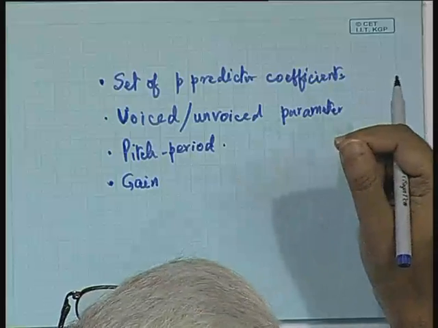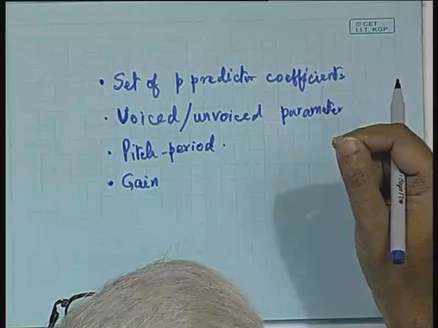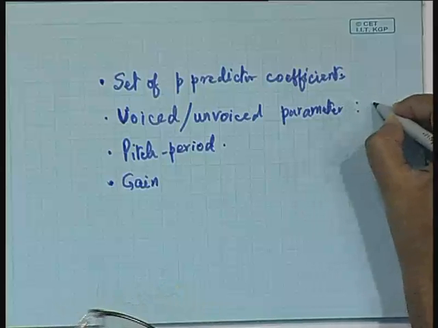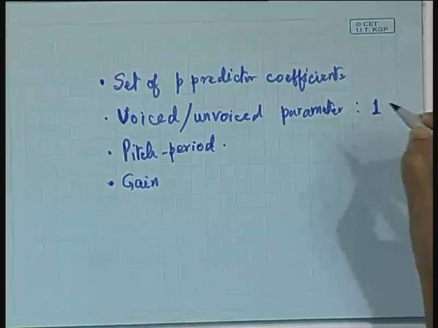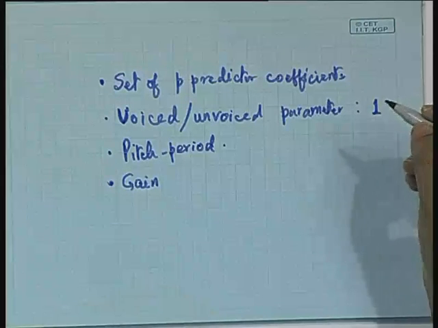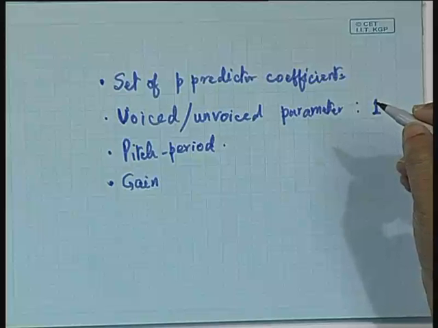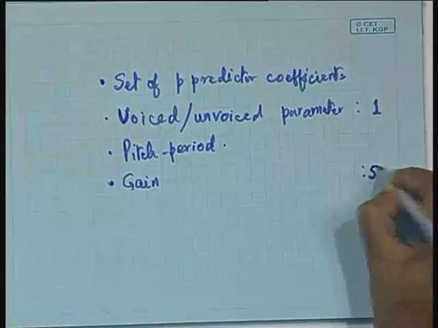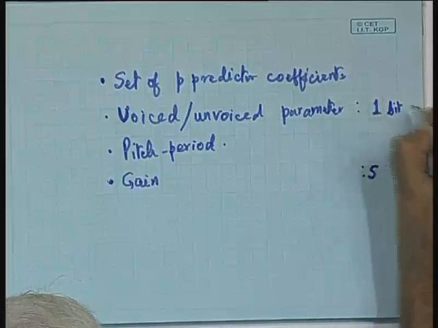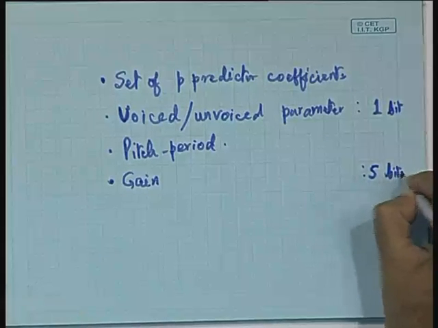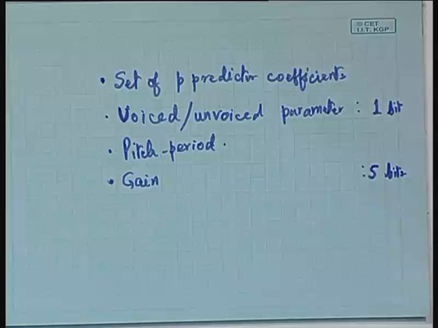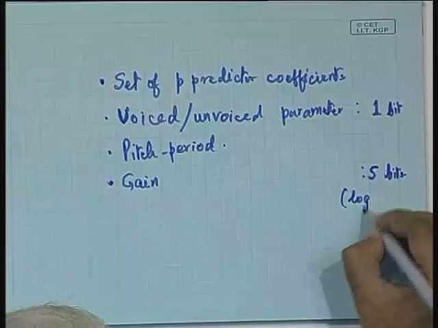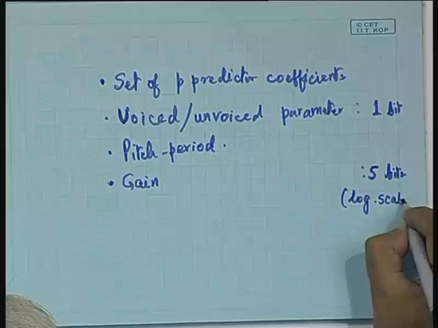For all these things we require bits. The voiced-unvoiced parameter is only a flag, so it is just 1 bit of information, and for gain it is seen that a total of about 5 bits is good enough, 5 bits distributed on a logarithmic scale.